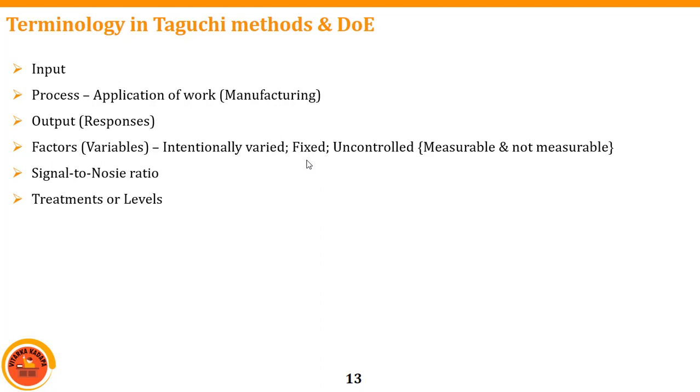For example, in a turning or machining operation, I am giving some speed to the shaft to rotate. Say 200 RPM is one level, 300 RPM is another level, 400 RPM is one more level. So treatments or levels is the amount by which we are trying to vary the factor.